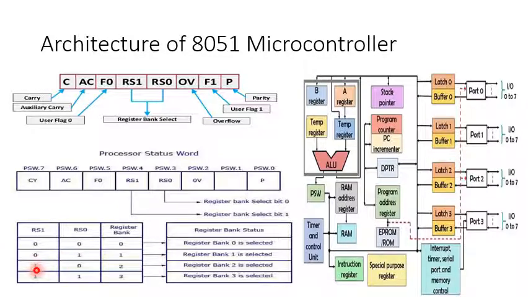If RS1 is equal to 1 and RS0 is equal to 0, then register bank 2 is selected. If both RS1 and RS0 are equal to 1, then register bank 3 is selected.